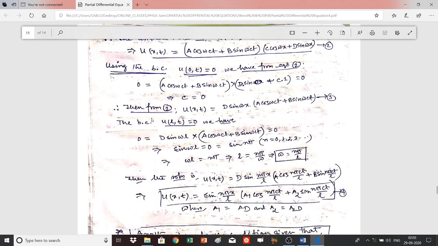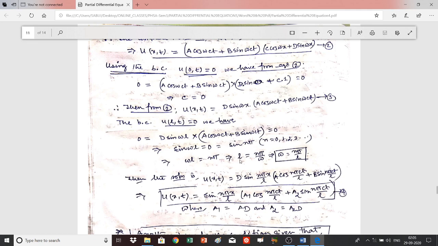Now the other boundary condition is u(L,t) = 0, that is, for x equal to L it is also 0. From equation number 3, the left hand side is 0, equal to D sin ωL times the other term, and from here sin ωL = 0, that is sin nπ, with n = 0, 1, 2, and so on.